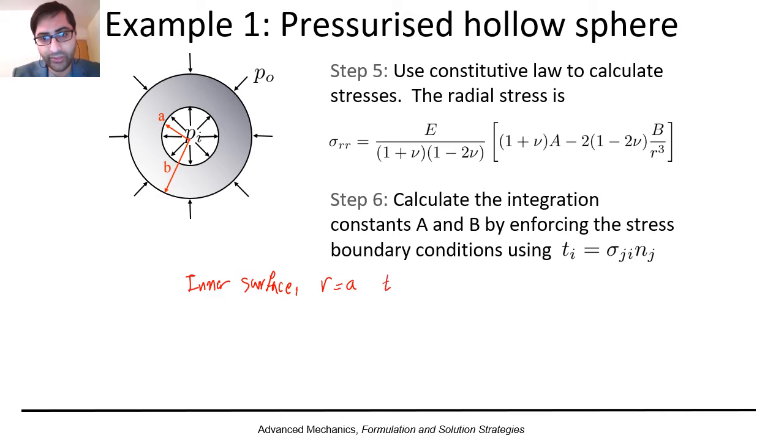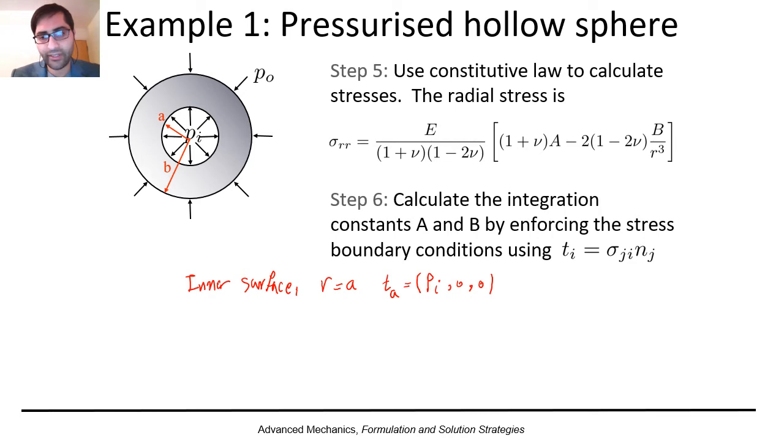So the traction at a is basically equal to minus pi, 0, 0, a pressure along the radius.